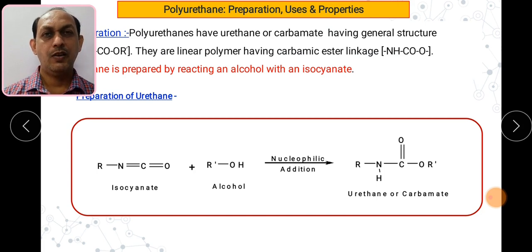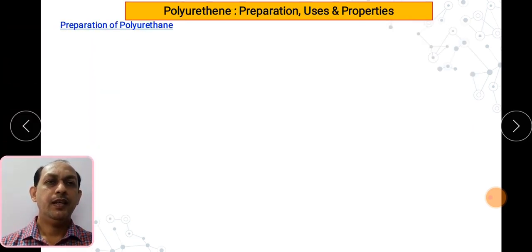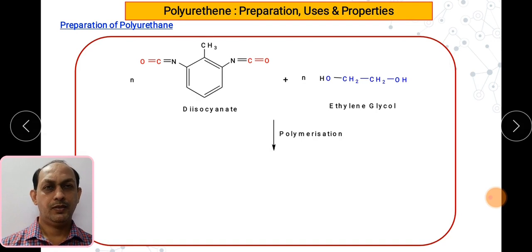In addition reactions, whatever two reactants there are, they get added. There is no byproduct formed in such a case. So the total alcohol gets added across the isocyanate. Then how can we prepare polyurethanes from isocyanates? Let us see diisocyanates. It has a structure like this.